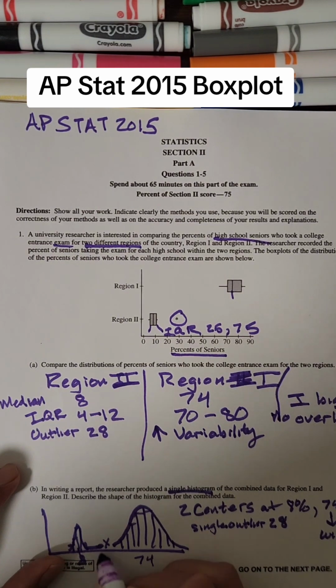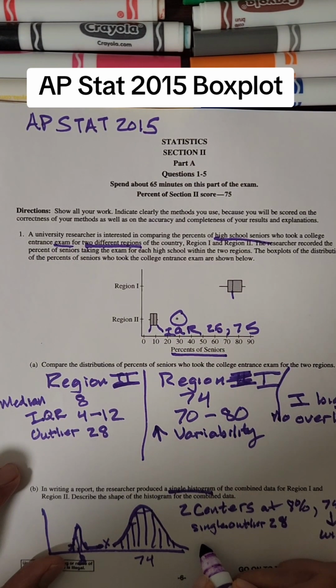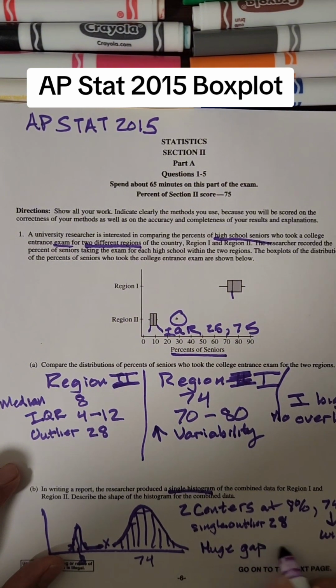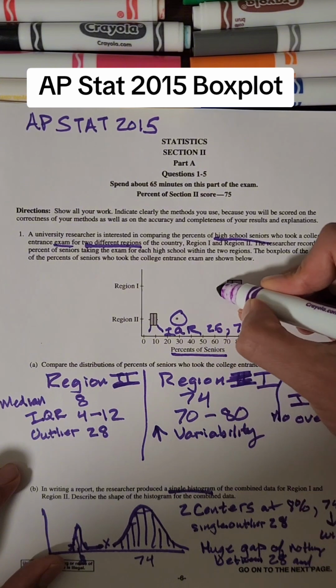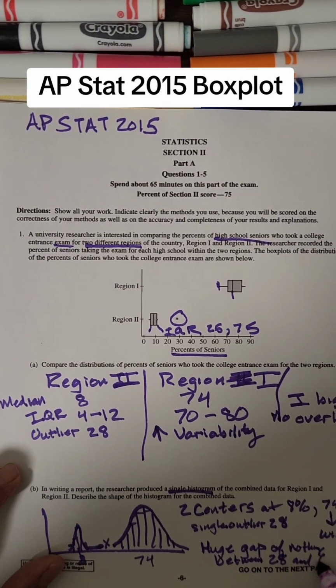And you're going to have a huge gap of nothing in between 28 and what's this point? Like 60. Yeah, that should be a good description.